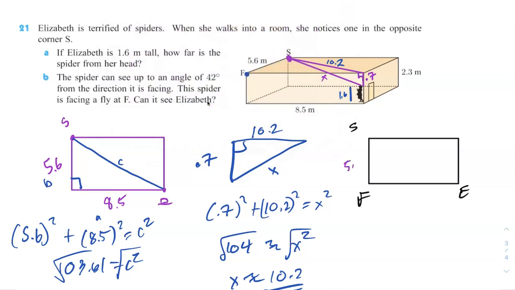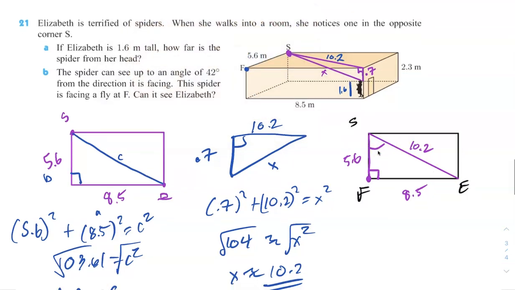We notice it's 5.6, it's 8.5, and this other side we figured out was 10.2-ish. The spider's facing the fly right there. The question is whether this angle is 42 or not. That's the whole game. If it's less than 42, the spider can't see Elizabeth. If it's more than 42, Elizabeth is dead. So we're just going to figure out that angle.